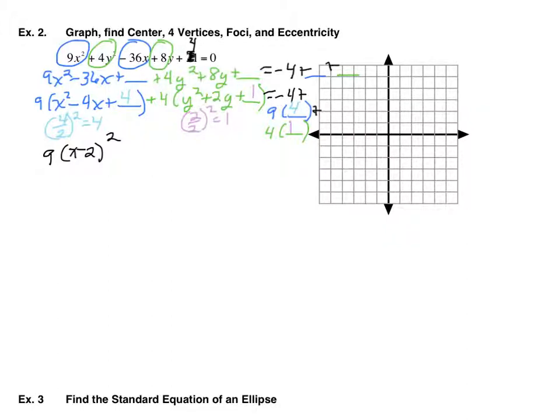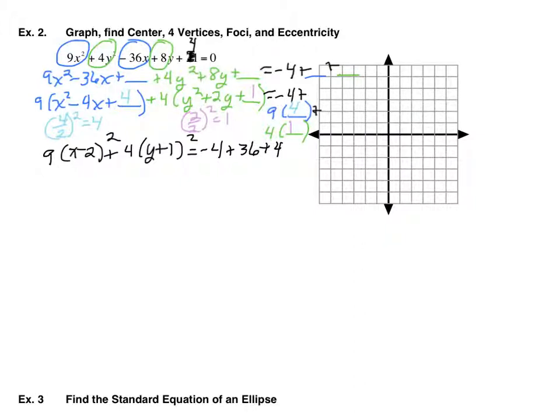And then plus 4 times parentheses squared. Again, you're going to take the square root of your bookend, so the square root of y squared and 1 are y and 1. And then what's the sign in the middle? Plus, because the sign of your middle term above here was positive. And then equals negative 4 plus 9 times 4 is 36, plus 4 times 1 is 4.